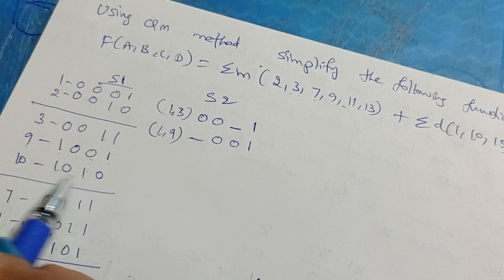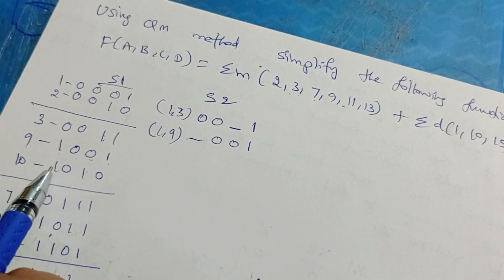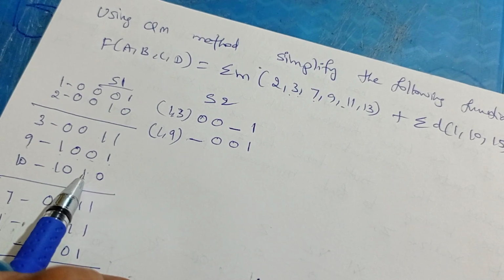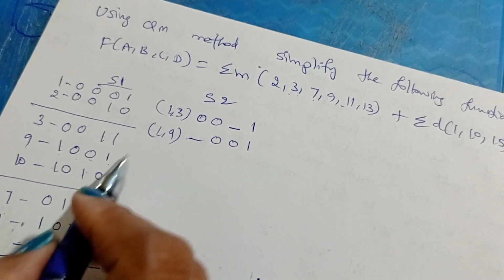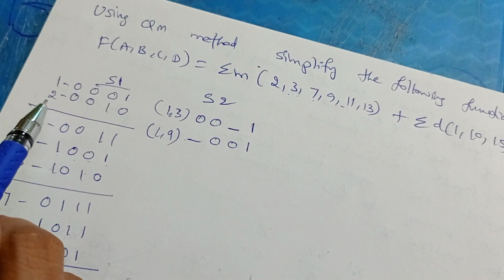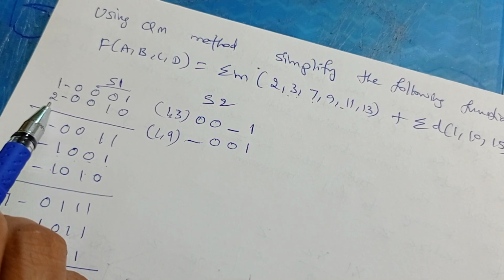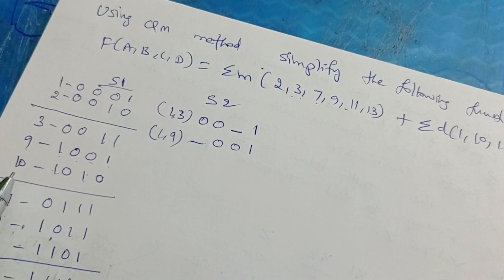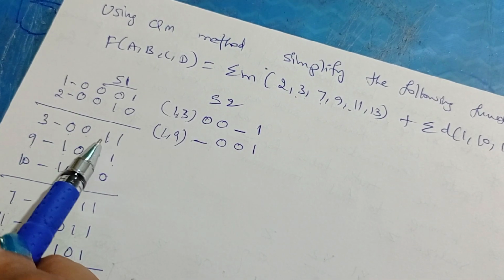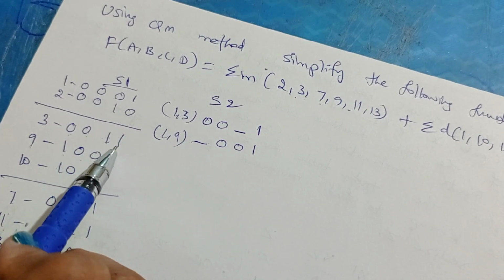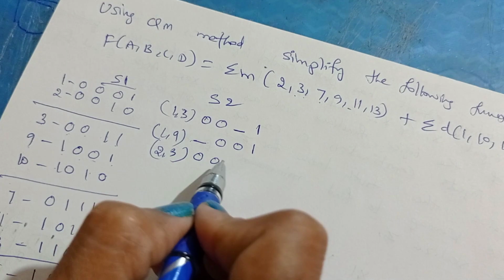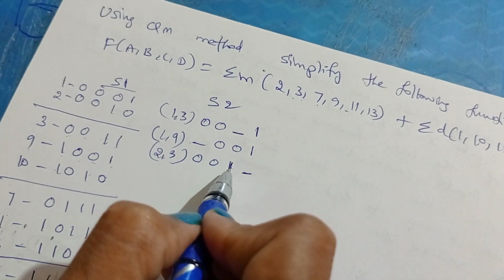Same as 1 with 10. 0 to 1 here it is changing, again 0 to 1 here and 1 to 0. 3 changes. So no pairing is possible. Next, go to 2. Compare the 2 with all these of the next group. 0, 0, 1, 0. Yes, 0, 0, 1 constant and here it is changing. So 2, comma 3, 0, 0, 1, hyphen.